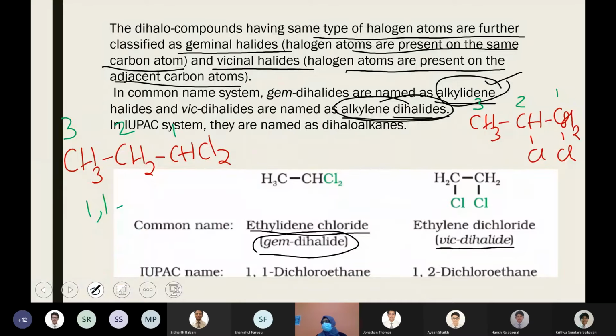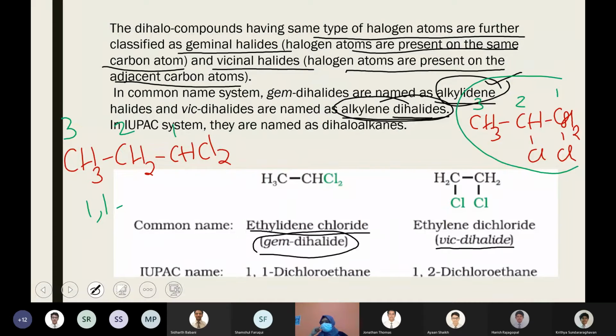So in this slide, basically you need to be comfortable in differentiating what are geminal and vicinal dihalides. Yes, Johan. So for that one, it's 1,2-dichloropropane, the IUPAC name.